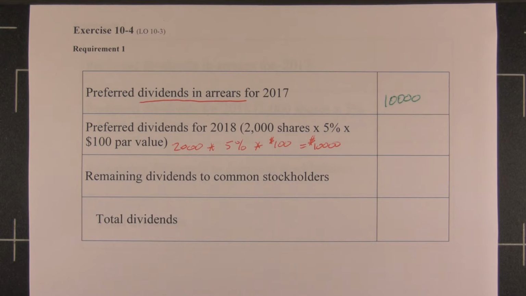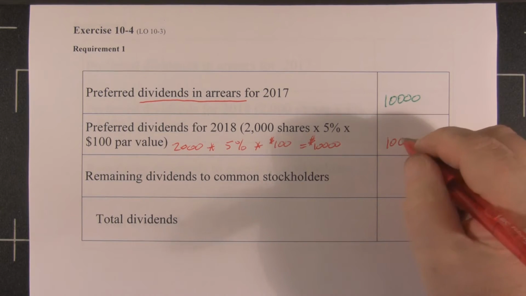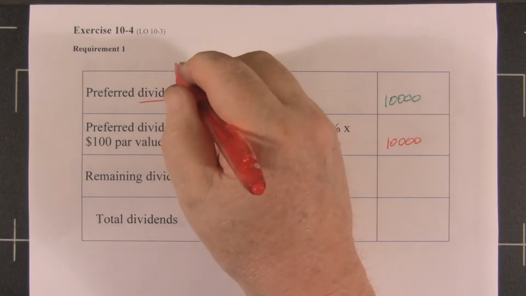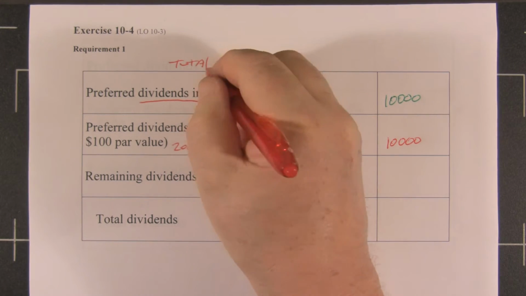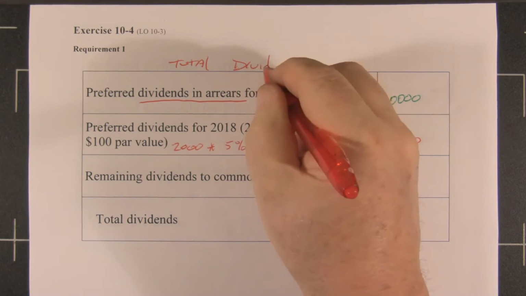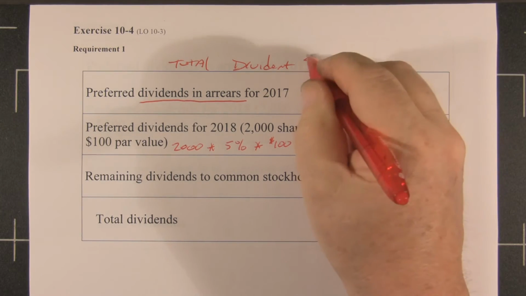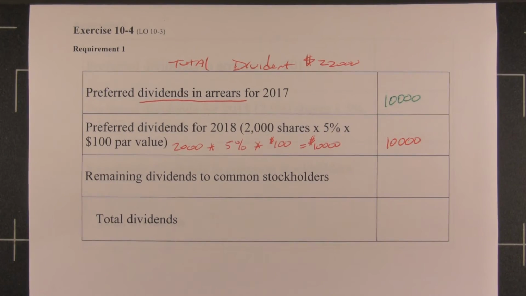We owe them $10,000 from this year. And what's left, because you remember the total dividend, they told us the total dividend was $22,000. The company wants to give away $22,000 to its shareholders.